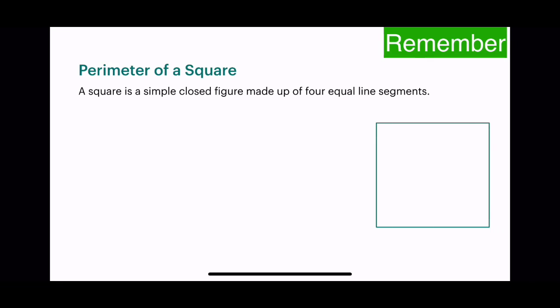Perimeter of a square. A square is a simple closed figure made up of 4 equal line segments. So, AB is equal to BC, which is equal to CD, which is equal to AD, which is the side of the square. So, the perimeter of a square is the sum of all sides.